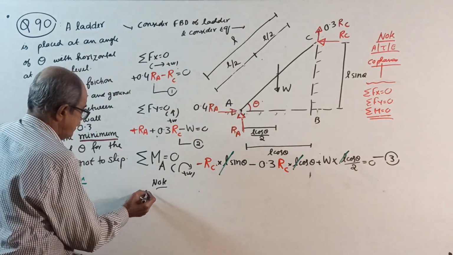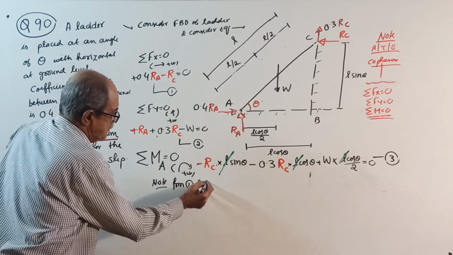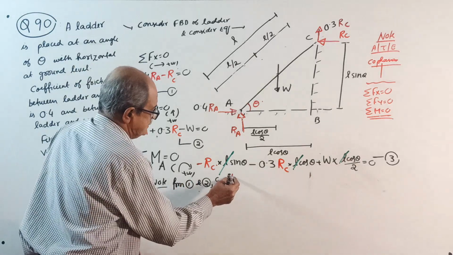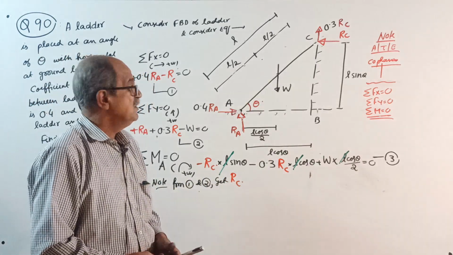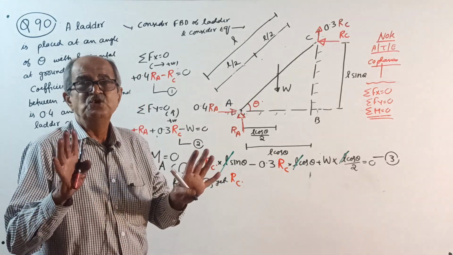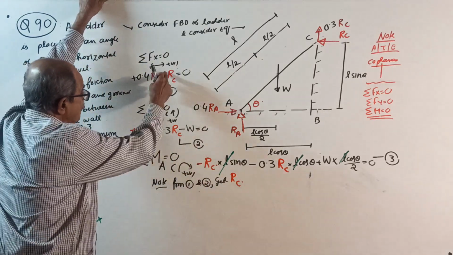Therefore, from equations 1 and 2, get the value of RC, so that you can substitute. If this is a numerical question, by this time you know the values of RA and RC.